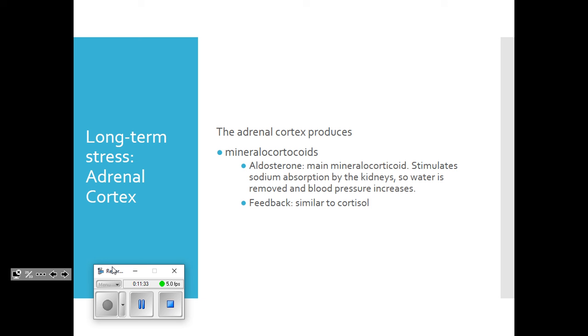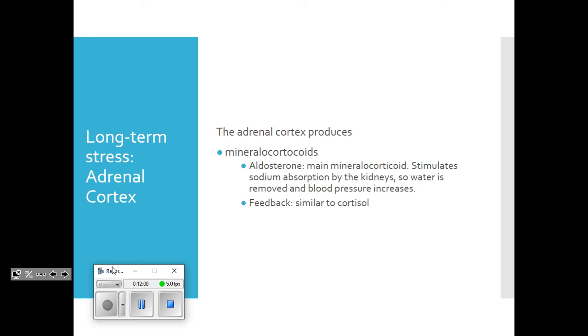Cort, or cortico, so cortex, and oid, steroid hormone. This hormone you may remember hearing about before. It's one that I know you normally learn in Bio30E with reference to the kidney. Aldosterone is the main mineralocorticoid that we would discuss. So, mineralocorticoid category, aldosterone hormone.